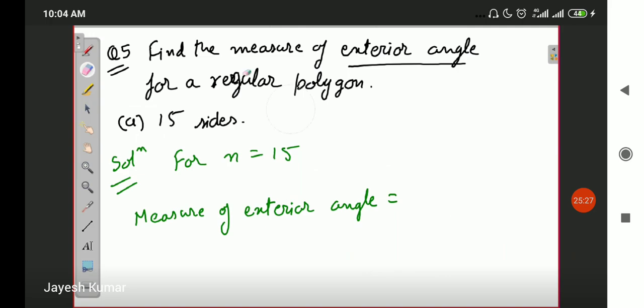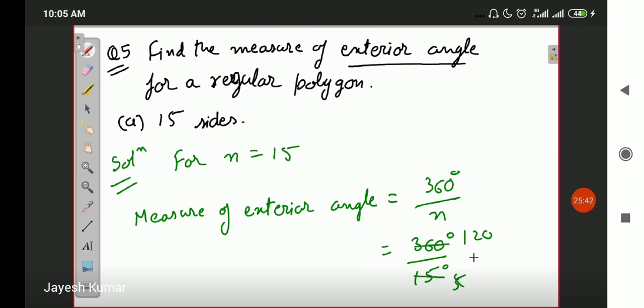The formula for the exterior angle was 360 degrees upon n. So this time it is 360 degrees upon 15. We will simplify it simply. 3 5s are 15, then 20, 2, 4. So it is 24 degrees.